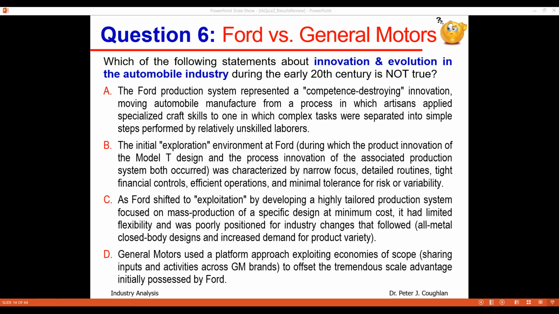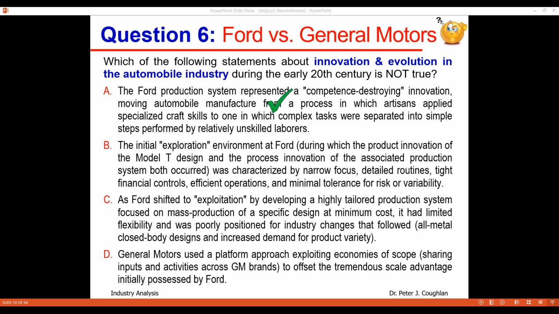So the new key competencies were precision tools, interchangeable parts, low variability, coordination, automation, integration, throughput, etc. What made you good, being an artisan, was the old competence, as opposed to having a precision process, precision tools, low-skilled labor. Completely different competencies were required for the Ford production system relative to how cars were produced before Ford came along. So that is a true statement, and therefore it can't be our correct answer.